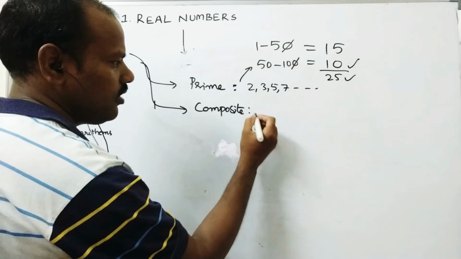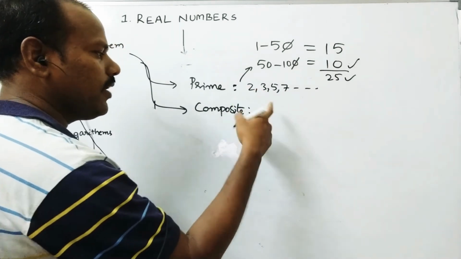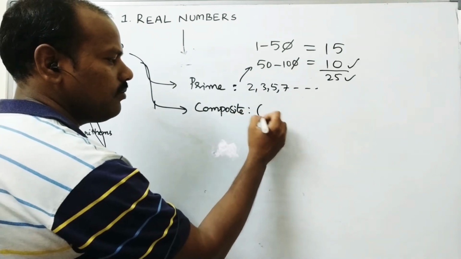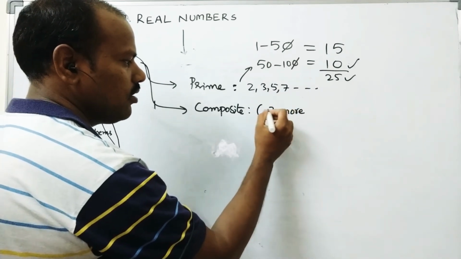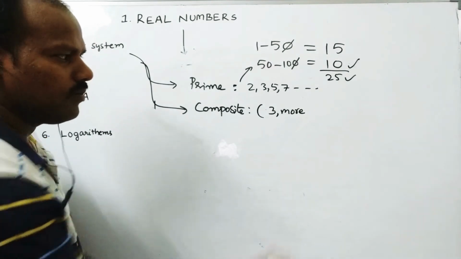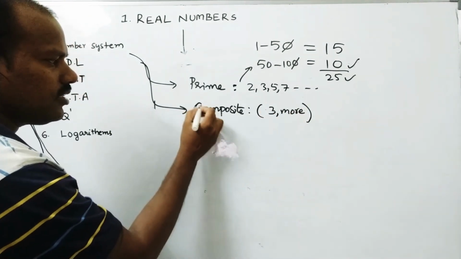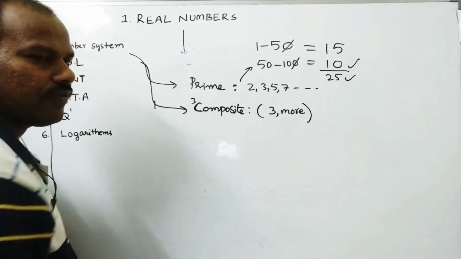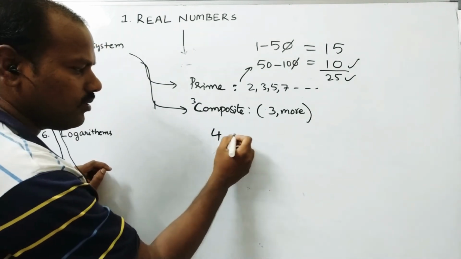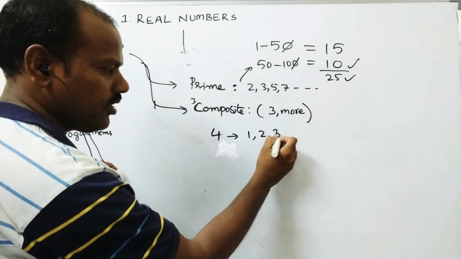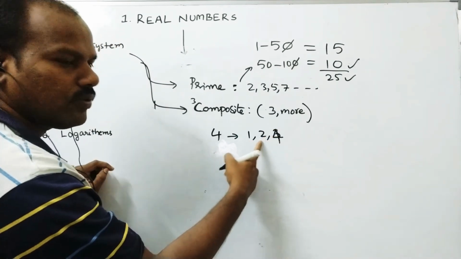And the next one: other than prime numbers, a number which has 3 or more factors is called a composite number. C is the third letter in English, so you can remember it like that. 4 is the smallest composite number because it goes in 3 tables: the 1 table, 2 table and 4 table.